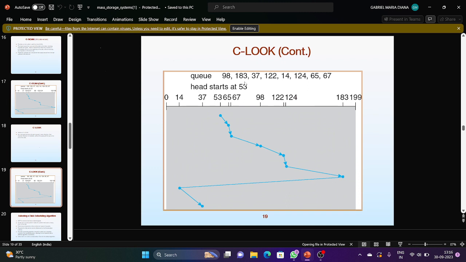Then next we have the LOOK algorithm. It is similar to the C-LOOK algorithm, but there is a slight change.